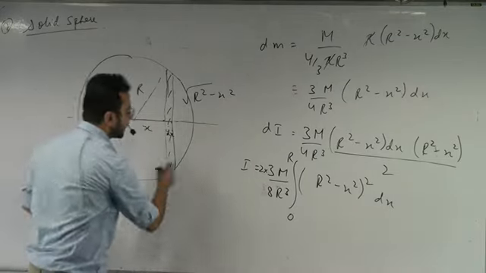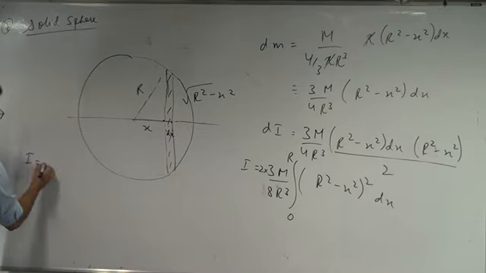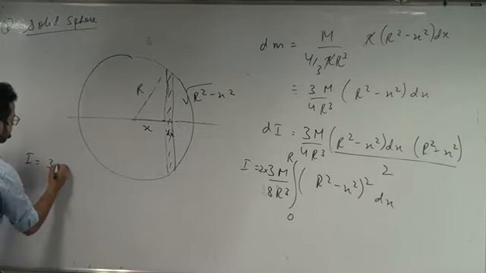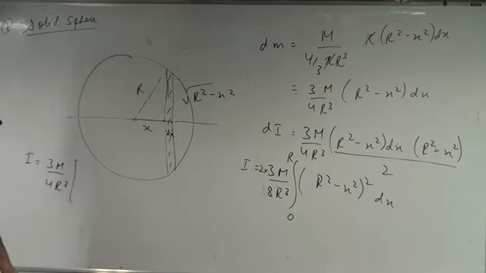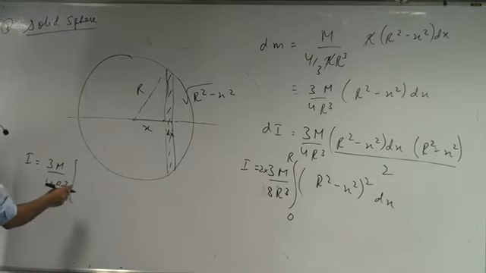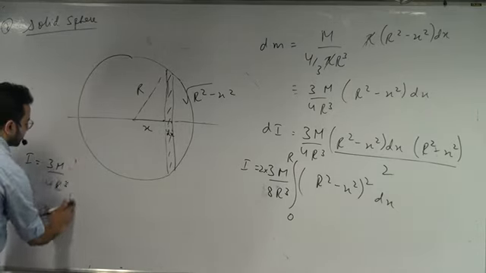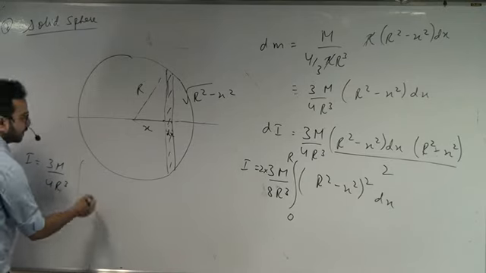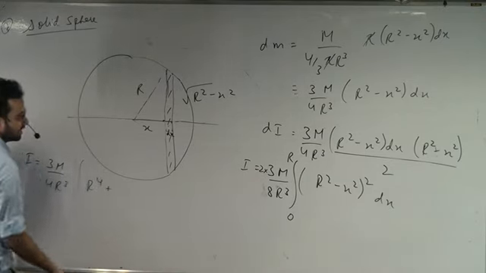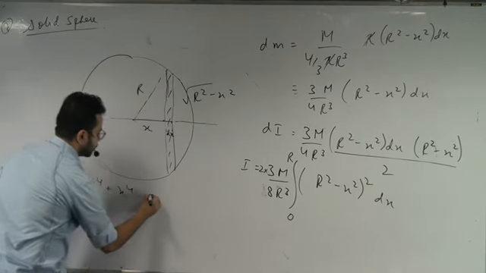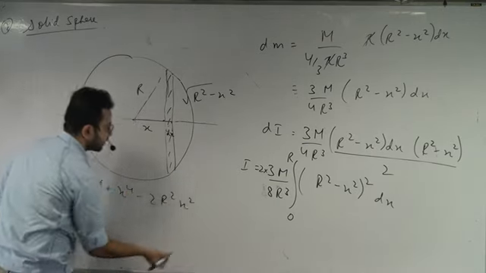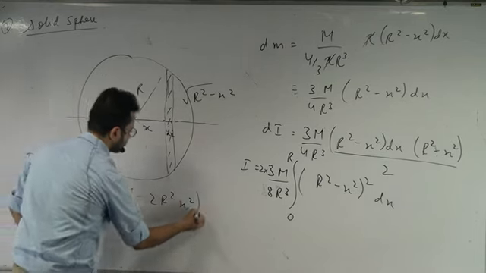Okay. Now how do we calculate that? That comes out to be what? 3m upon 4r cube. So this is what? R square minus x square का square. So you'll have to expand that. ठीक है. Expand करोगे तो क्या मिलेगा? Expand करोगे तो मिलेगा r to the power 4 plus x to the power 4 minus 2r square x square और ये पूरे का dx.